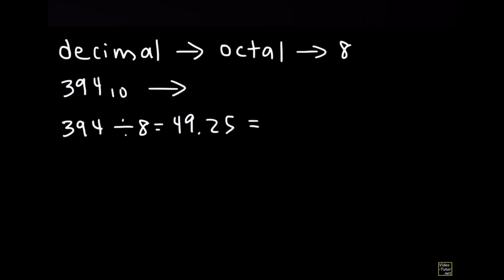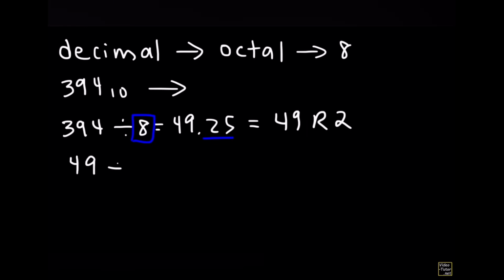The next thing we need to do is identify the remainder. We have 49 remainder. In order to identify it, take the numbers after the decimal point, that is 0.25, and then multiply it by 8. 8 times 0.25 is equal to 2. So we have 49 remainder 2.